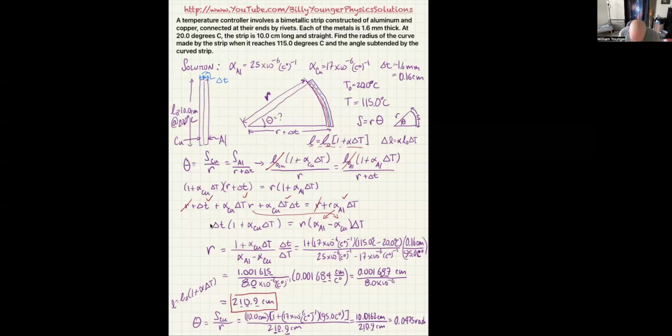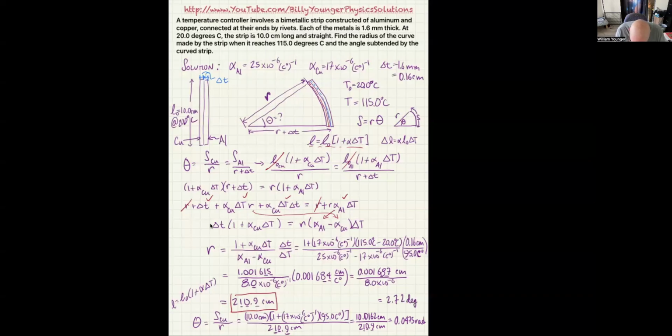And of course, pi radians is 180 degrees. So I can take this radian number and divide it by pi. So I divide it by 3.14159, plenty of digits. And now I'm going to multiply that by 180, and that gives me 2.72 degrees.